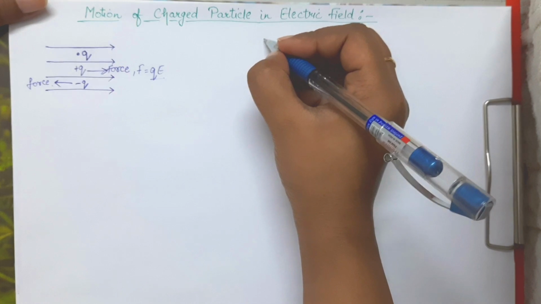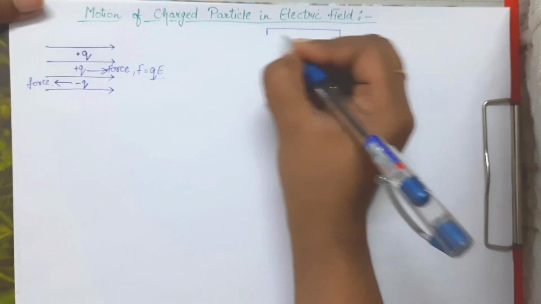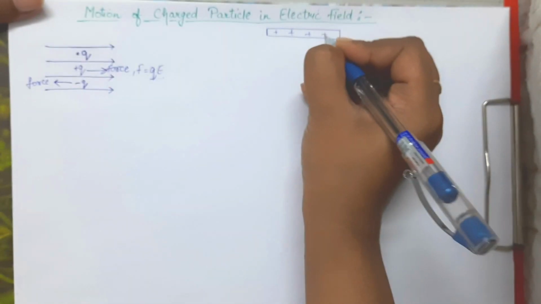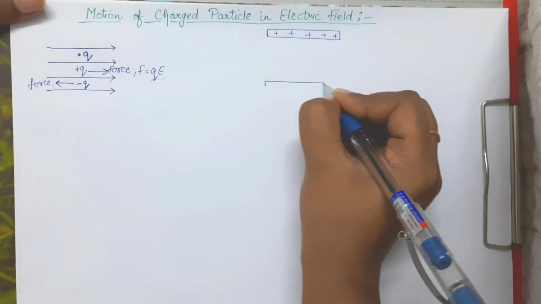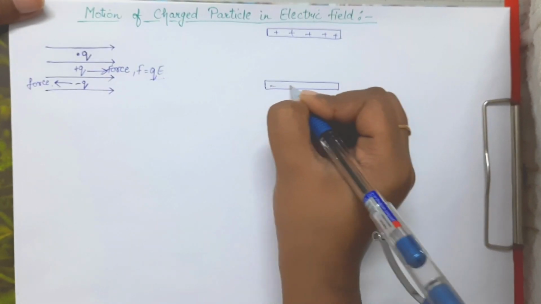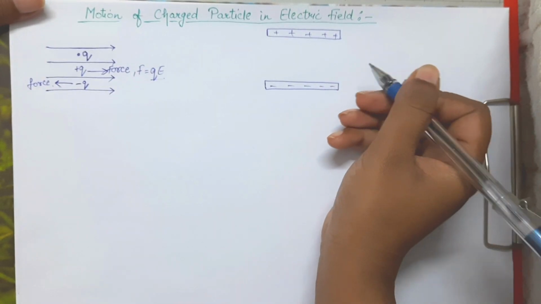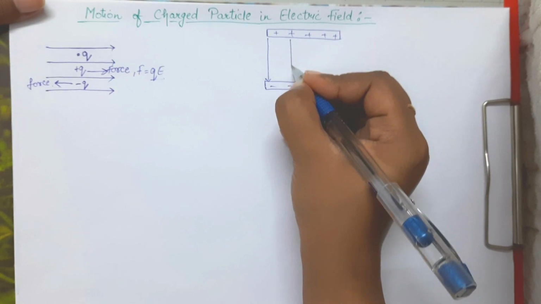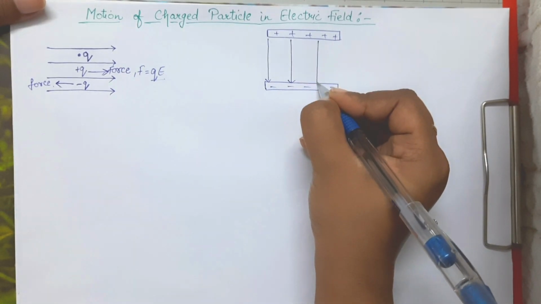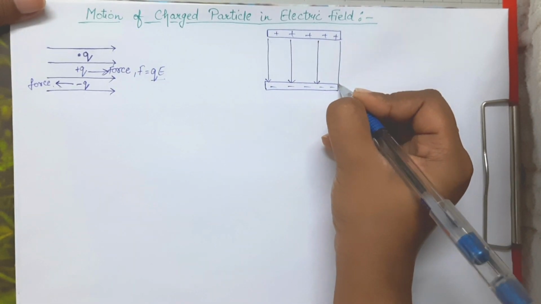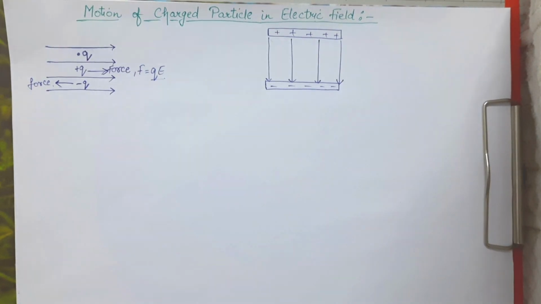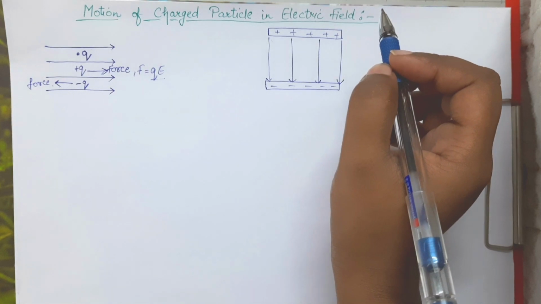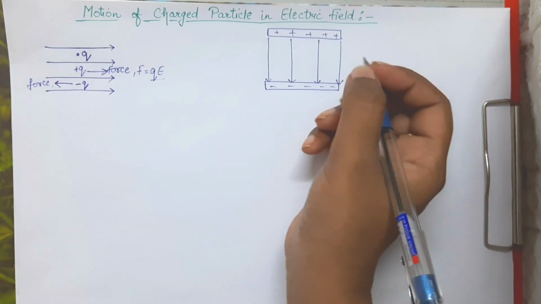Now suppose we are having some sort of electric field like this in a gravity free space, and suppose we have a charged particle.